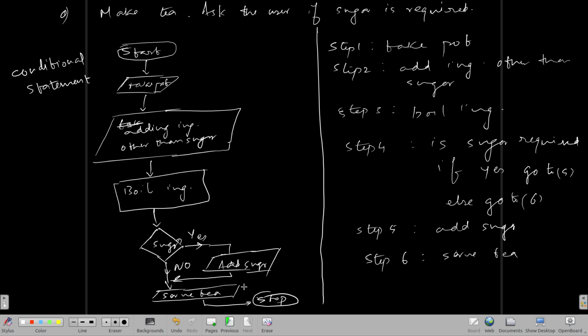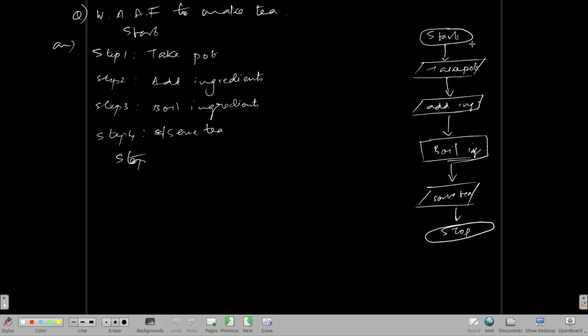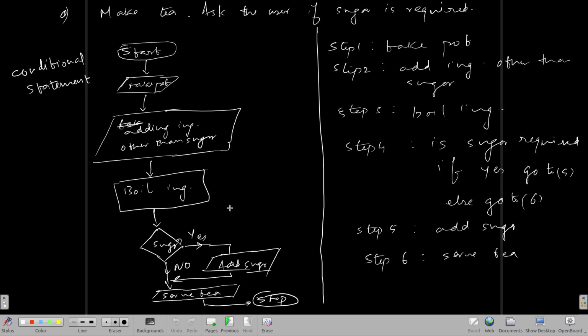Okay, so this may not be considered a proper example, but this is to give you an understanding that any real life issue can be solved, or the solution can be expressed as an algorithm or a flowchart.